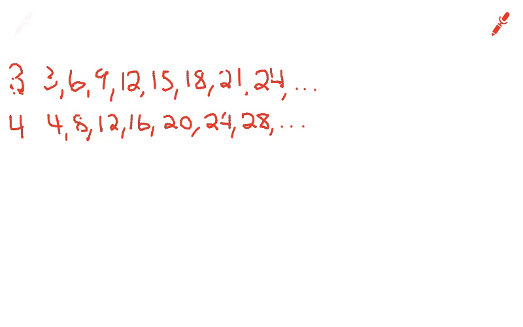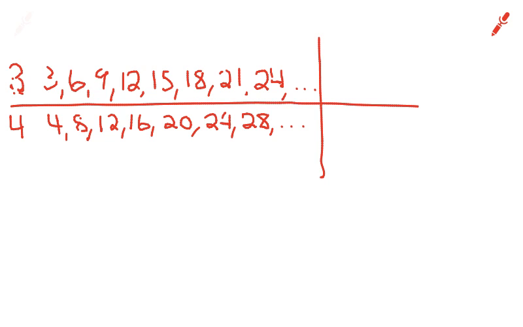Now we need to find our common multiples. What do these share? What are our common multiples? Well, when I look down this list, I see they both have a 12, and then they both have a 24, a messy 24 by Mr. Fitt, but they both have a 12 and 24. So our common multiples here would be 12 and 24.